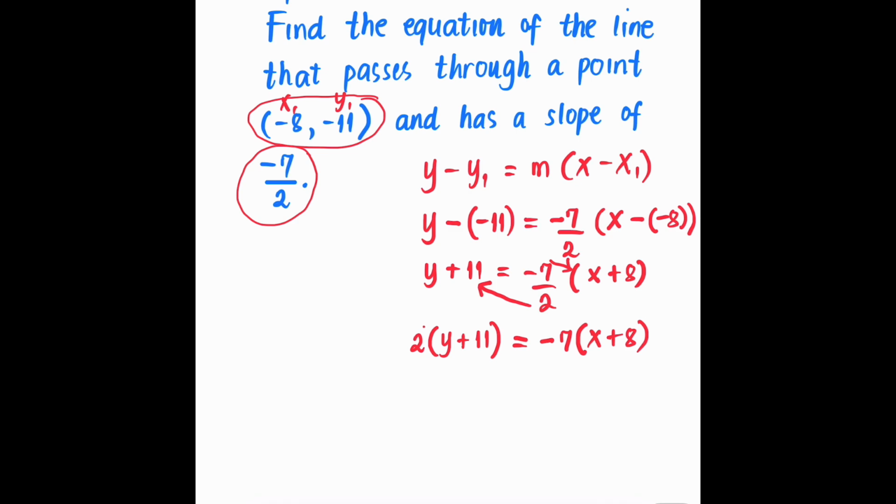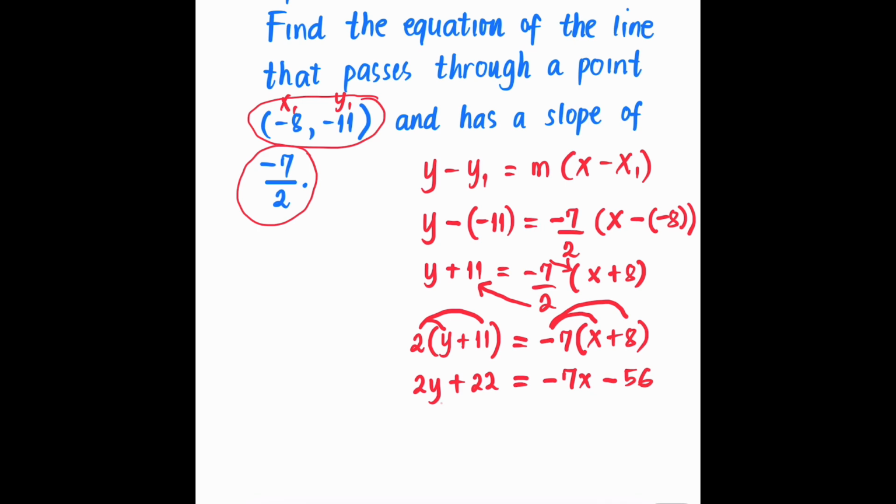So this tells us that we need to apply the distributive property. So 2 times y is 2y. 2 times positive 11 is positive 22 equals negative 7 times x is negative 7x. Negative 7 times positive 8 is negative 56.